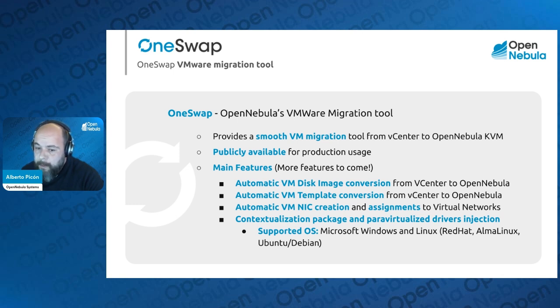It will automatically create the VM templates from vCenter to OpenNebula, obtaining all data, compute resources and disks from vCenter, registering the disk images, and creating the virtual NICs and assignments to the virtual networks automatically. You can tag the virtual machines that you want to convert in a very automatic way, and you can automate this using Ansible tools too.